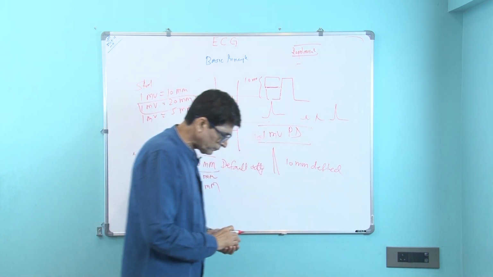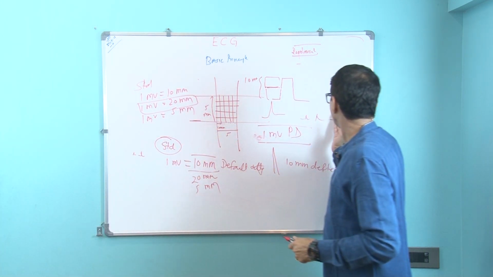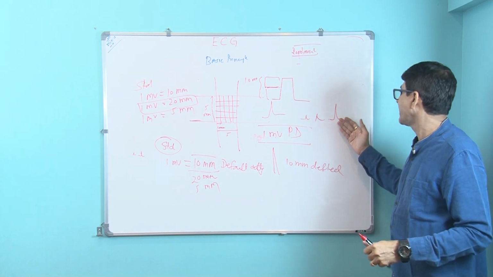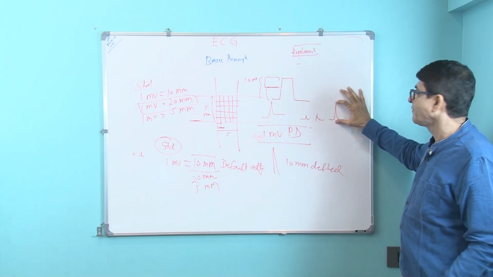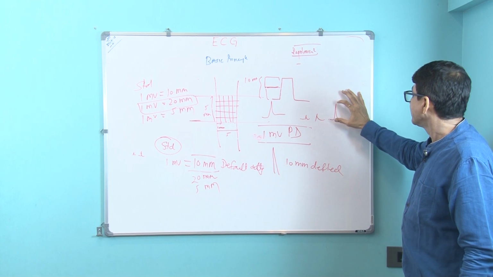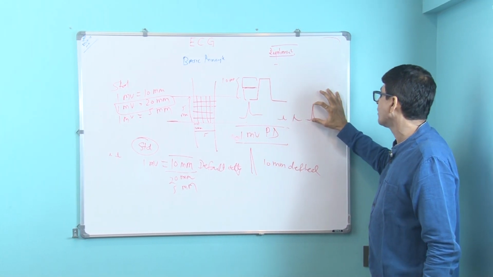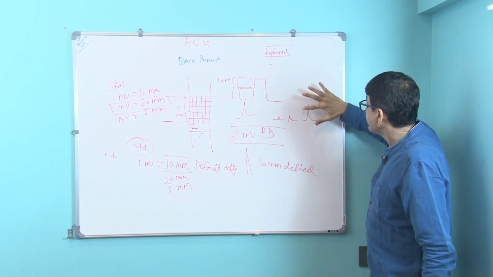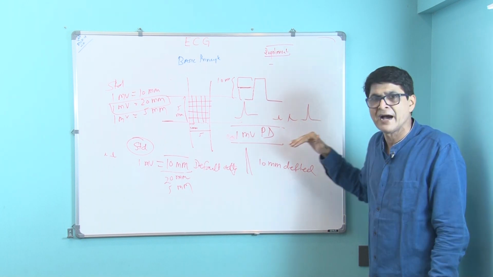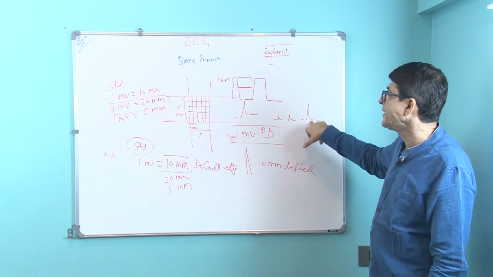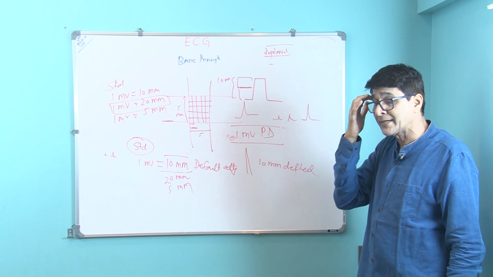But while calculating, for example in hypertrophy or enlargement, when you calculate this length or height, you have to make it half, because you recorded with 20, double the standardization.